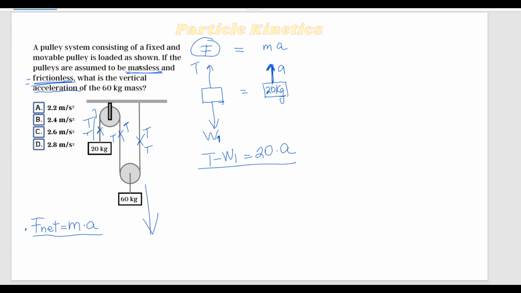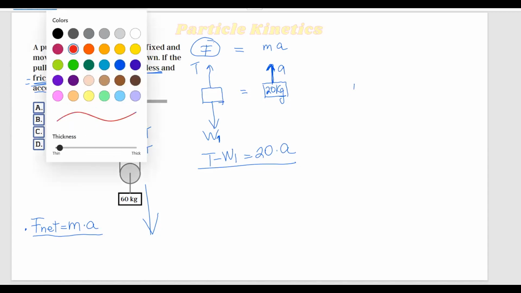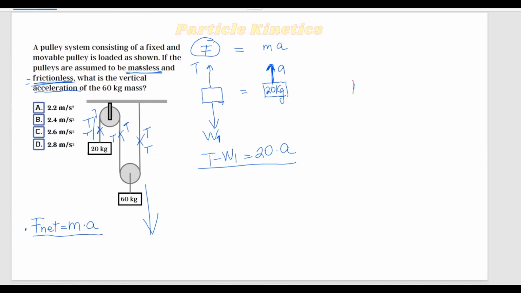So we have our first equation. Next, let's take the 60 kilogram block. Again, let me change the color. So I'll have the 60 kilogram block. And again, I'm going to say these are the forces equal to mass times acceleration.